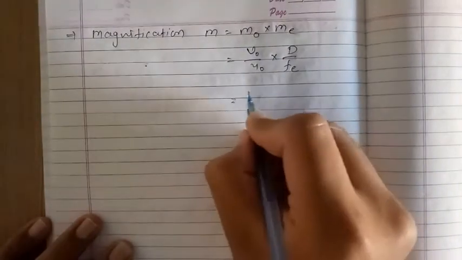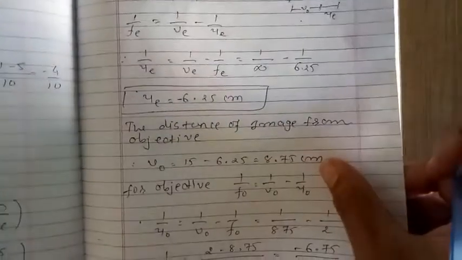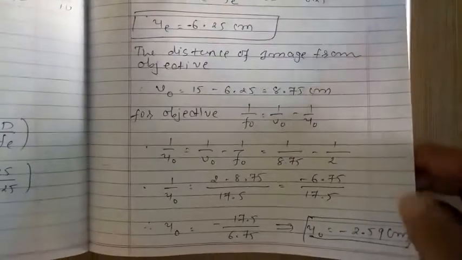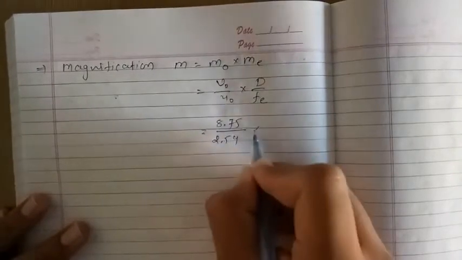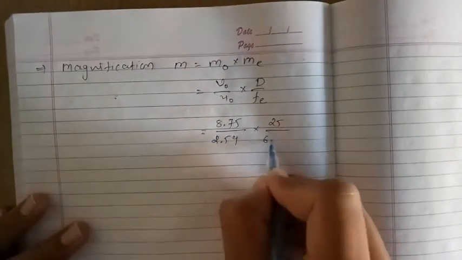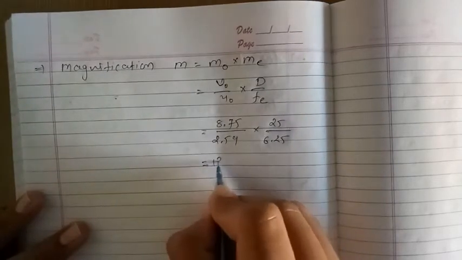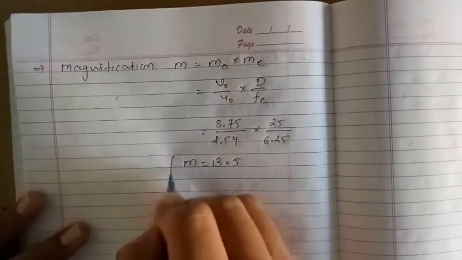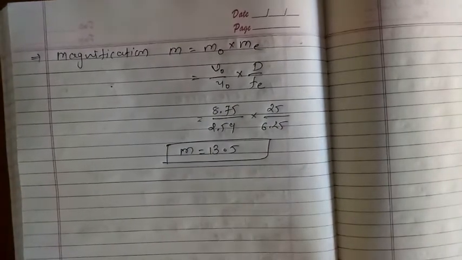So VO 8.75, UO 2.59, D 25, FE 6.25. So we get M is equal to 13.5. So magnification in second case is 13.5, right?